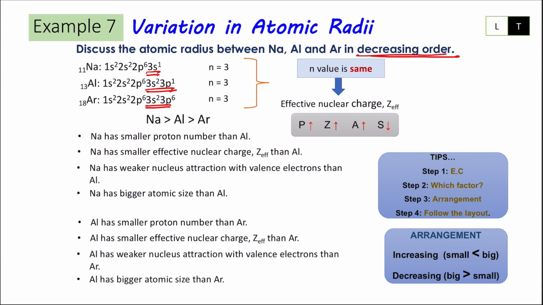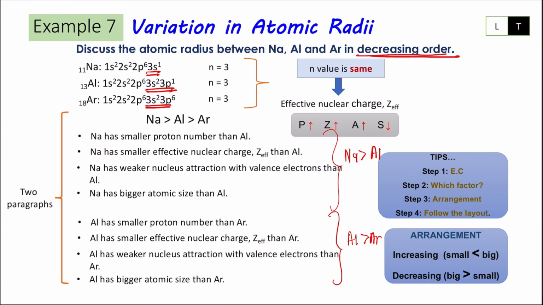Hence, Al has bigger atomic size than Ar. So settle for the second paragraph, variation between Al and Ar. So if you take a look here, this is for Na greater than Al, and this is for Al greater than Ar. This is how you write your explanation in 2 different paragraphs based on your arrangement.